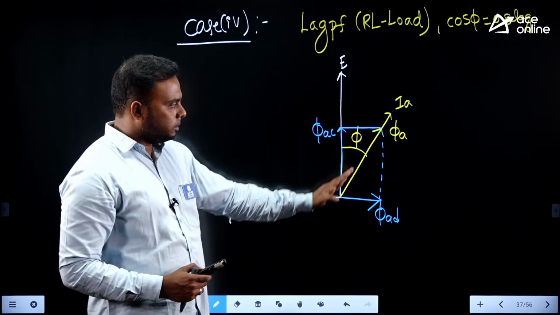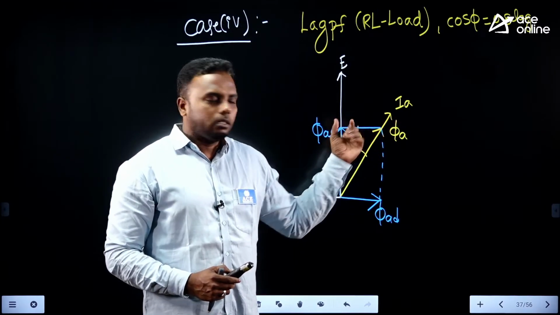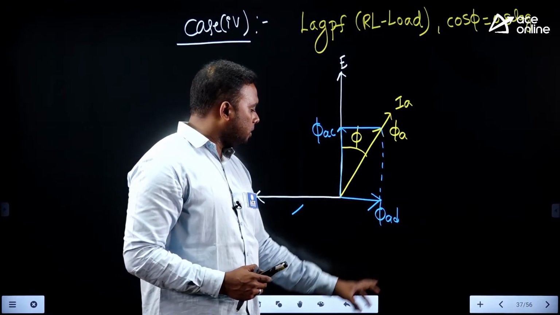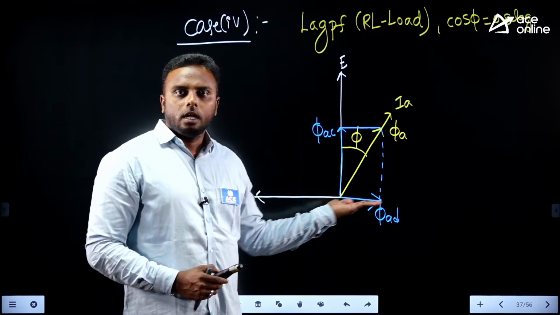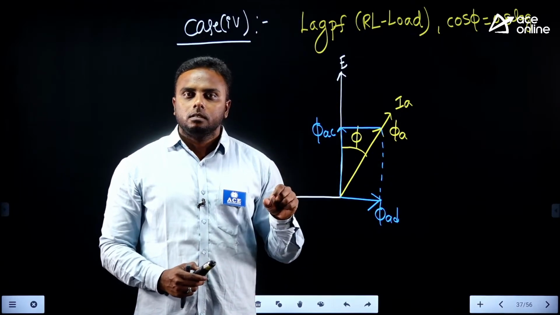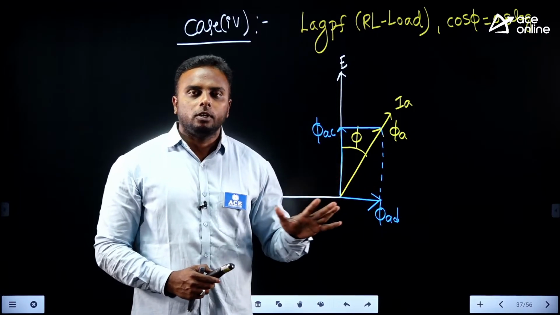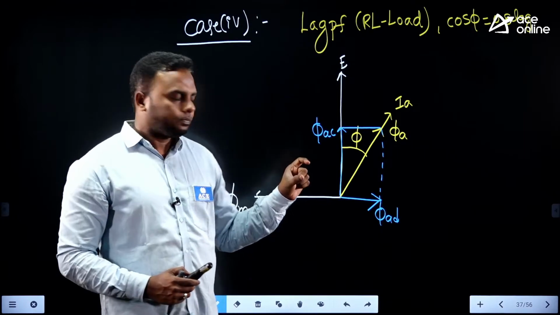At 45 degrees. If the current lags voltage by 45 degrees, then the magnitudes of the cross magnetizing and demagnetizing components become the same, when it is cos 45 degrees. What is cos 45? 0.707 lagging, 1 by root 2.